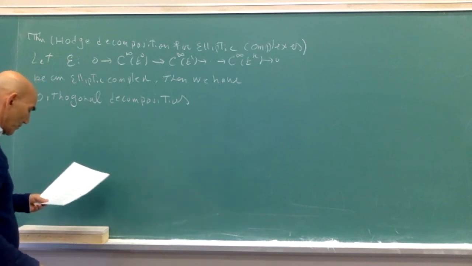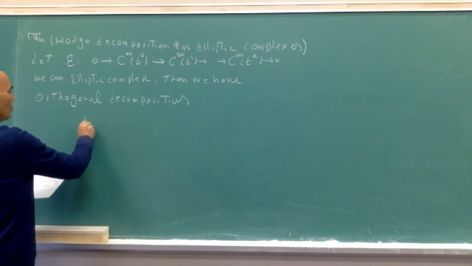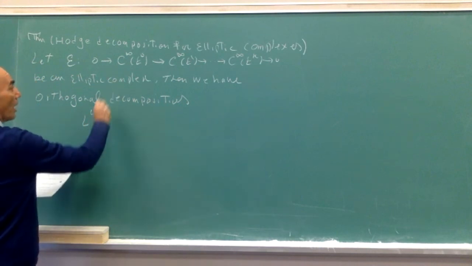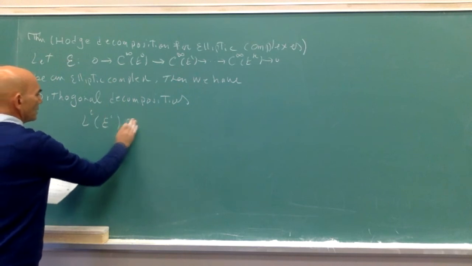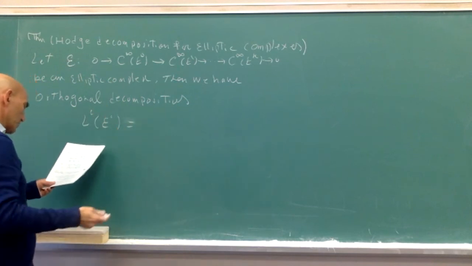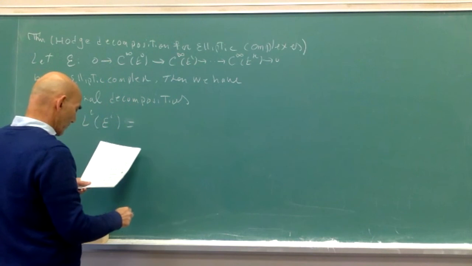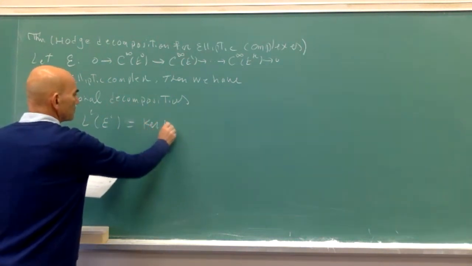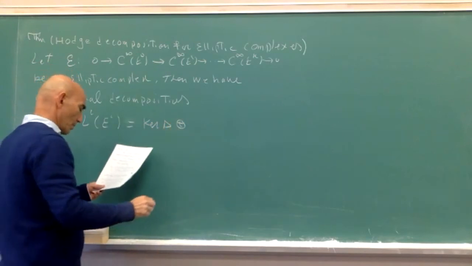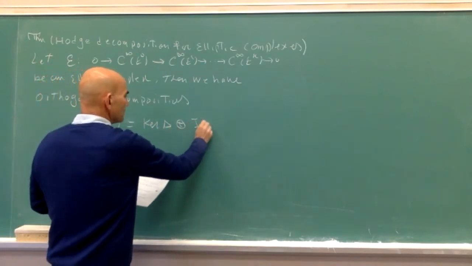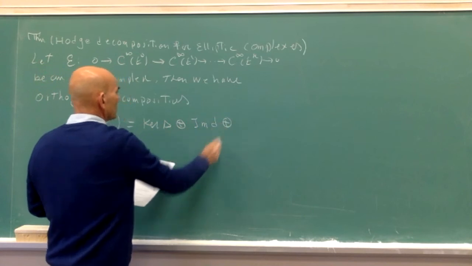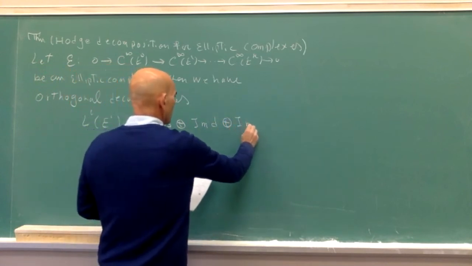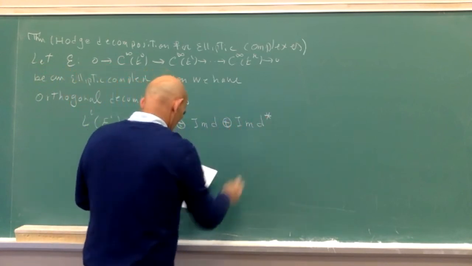The one decomposition is that L2 of E_i is really a direct sum of the kernel of delta_i, orthogonal direct sum the image of d, orthogonal direct sum the image of d star.